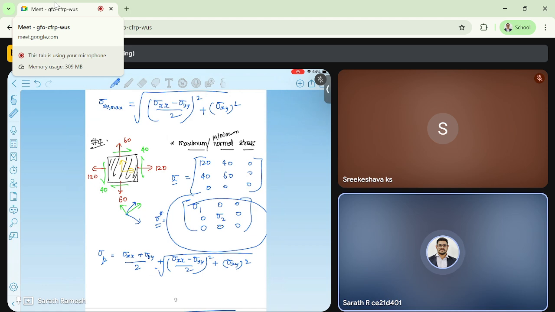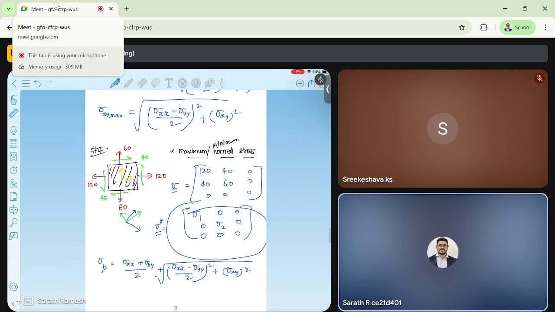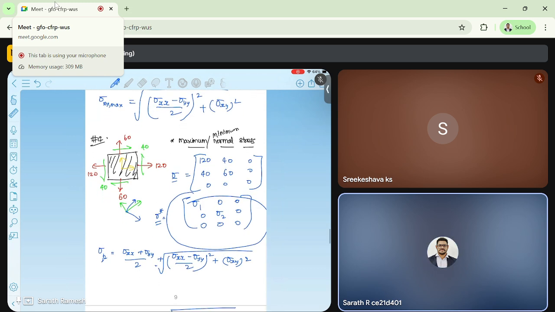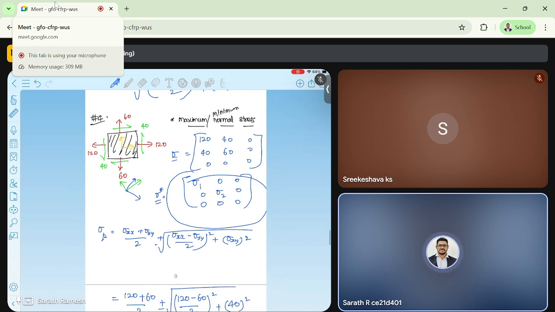The first question. For uniaxial state of stress, the determinant must be 0, and for pure shear state of stress, the trace must be 0, right? And plane state of stress, again determinant is 0.